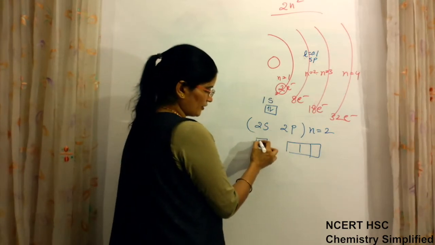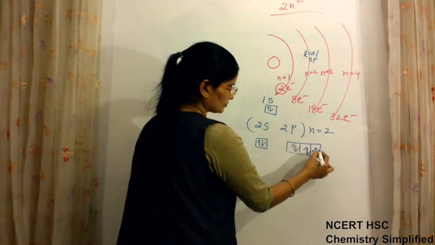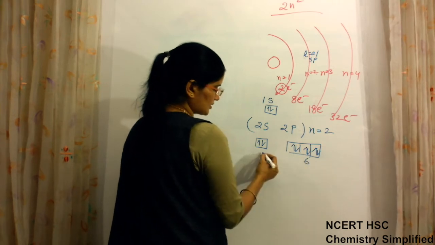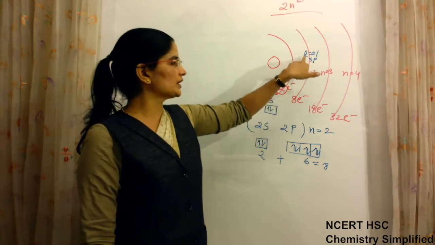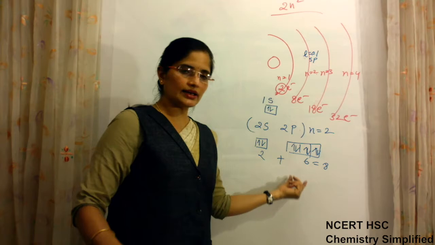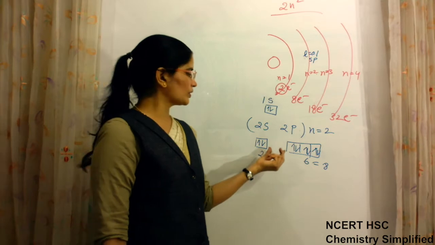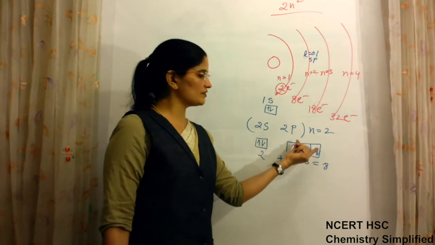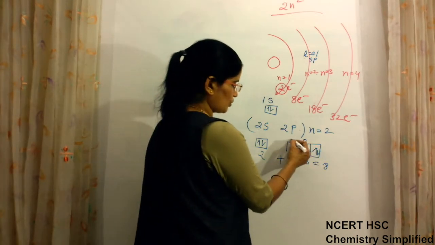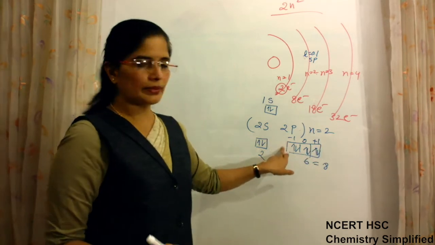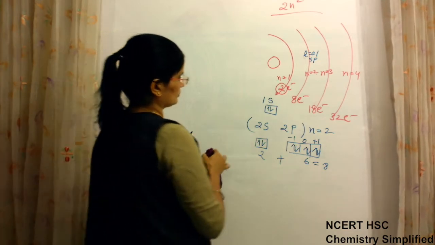In 2s the number of electrons which can come is 2, in p we can have 6, and 2 plus 6 is 8. That is why we say 8 electrons can come in the second shell. 2 electrons will always be in the s subshell, and the remaining 6 will be present in the p subshell in 3 different orbitals. These orbitals are 0, minus 1 and plus 1. Each orbital can accommodate only 2 electrons. Clear?